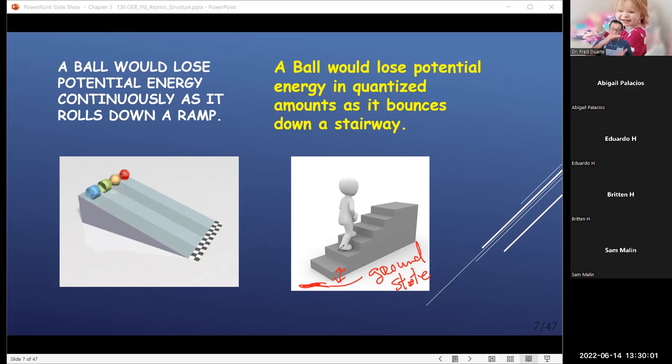That step represents a specific height. And as we continue to go to different heights, every step is of specific energy. And it's not continuous like it's shown over here. That was the controversial idea that came about.